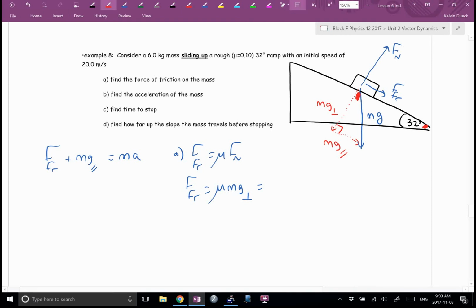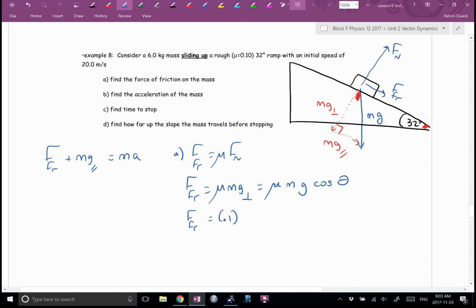If you can't remember, it's going to be mu mg cos theta if I go general. And if I plug in numbers, mu was 0.1.